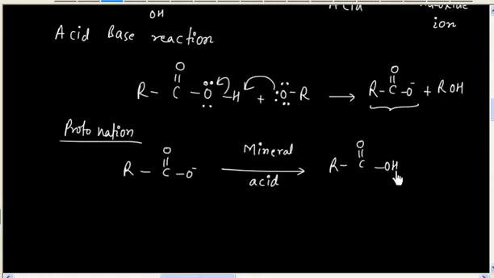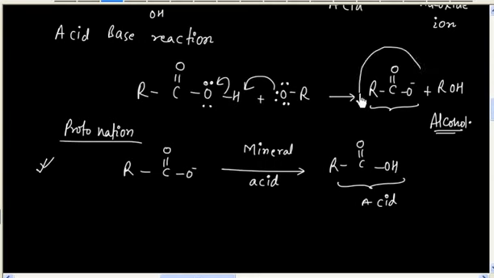So finally we will have acid and alcohol. So in this case we need acidification also. If we do not do acidification, that is protonation, finally we will have the salt of carboxylate anion. So this is hydrolysis of ester in basic medium.